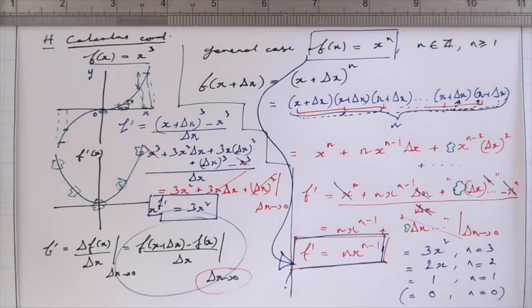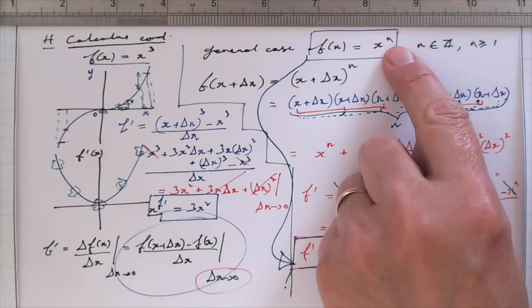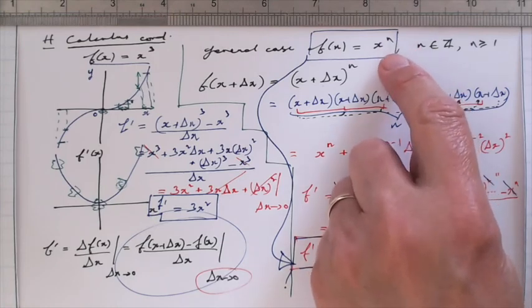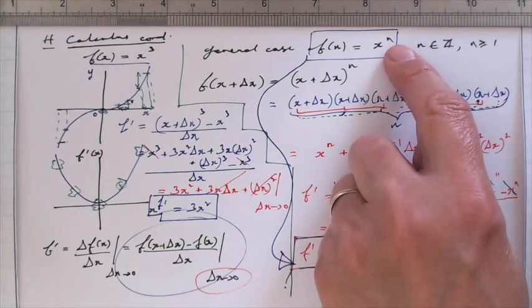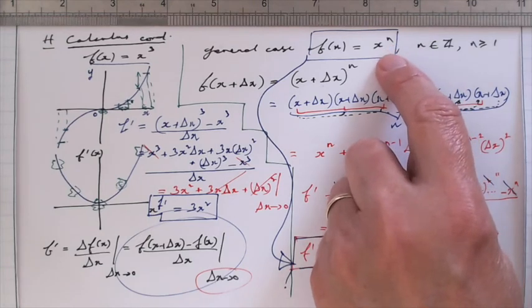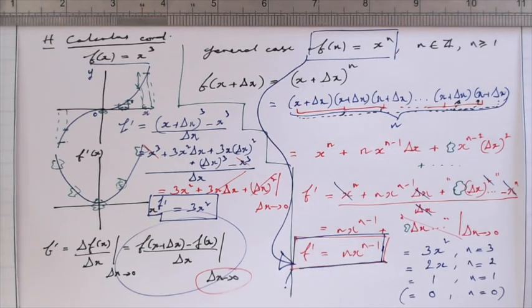As a very last point to make, you might ask, well, hang on, what if n wasn't an integer? What if we just had x to some powers? Say it was x to the half or x to the 9 quarters. What then? Well, I'm not going to tell you what the answer is for that. Often you're given that answer right at the start of calculus, which is really a shame, because that's actually quite a deep question. There is a very, very nice way to derive the derivatives of arbitrary powers of x.